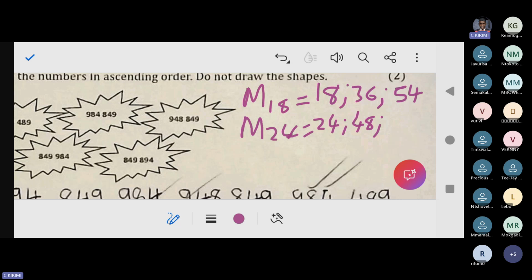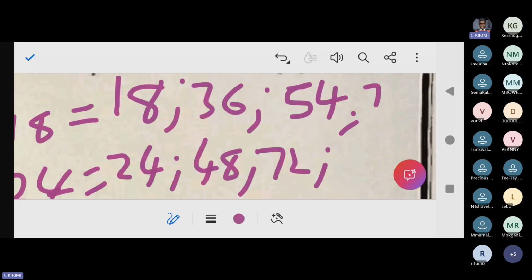We add again 24, then that's 72. And after 54, we are also getting 72 for 18. The multiples after 54, when we add 18, we are getting 72.